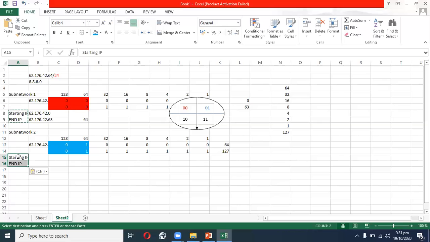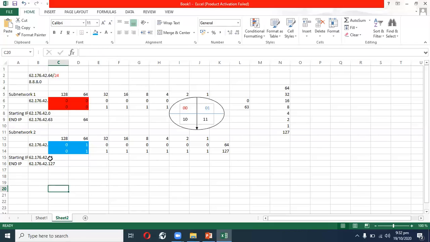So for subnetwork 2, our starting IP is 62.176.42.64, and our end IP will be .127.